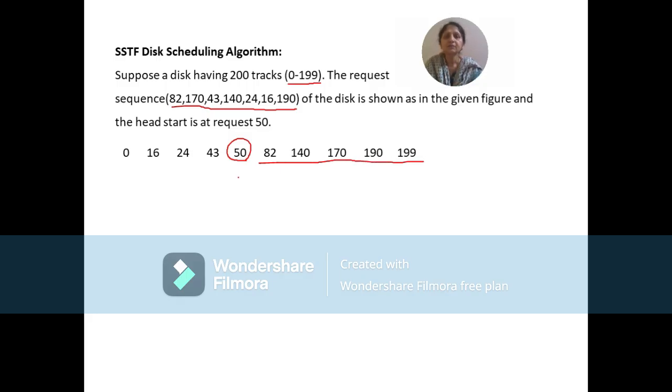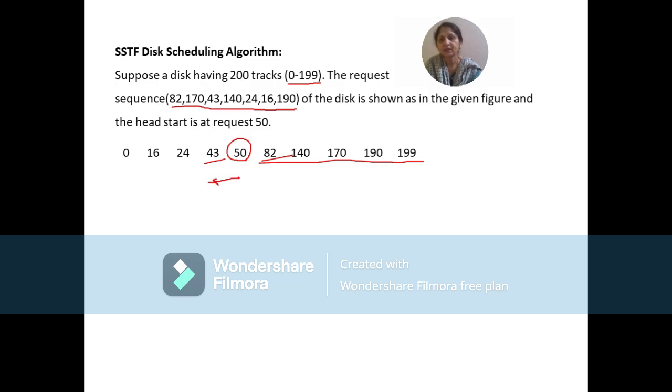In this algorithm, before it serves the request, the nearest requests are 82 and 43. So it will calculate the distance between 50 and 82 as well as between 50 and 43. And the distance between 50 and 43 is smaller than the distance between 50 and 82. So the head will start moving towards 43.